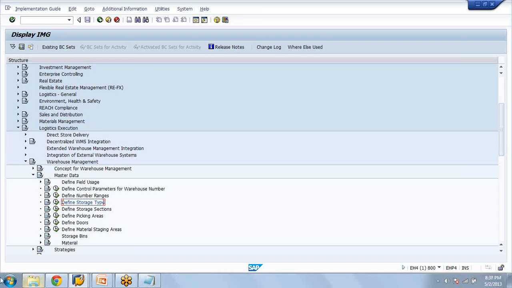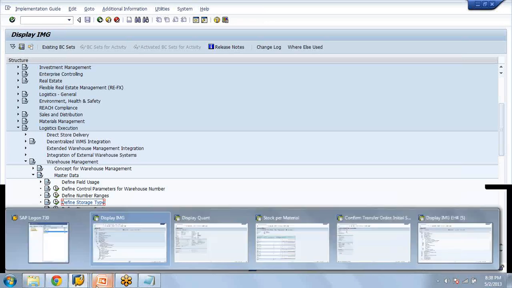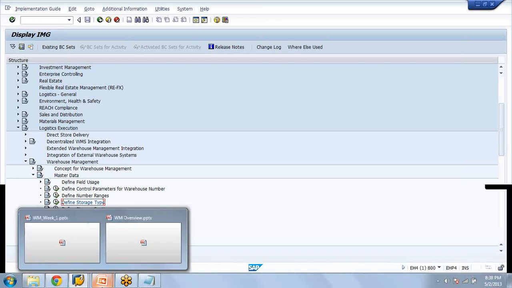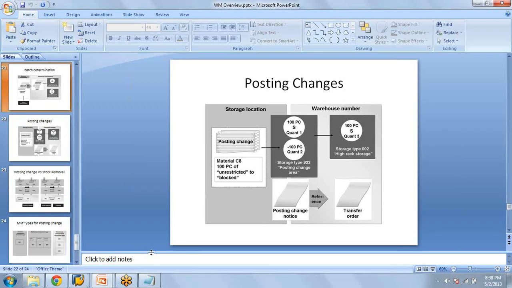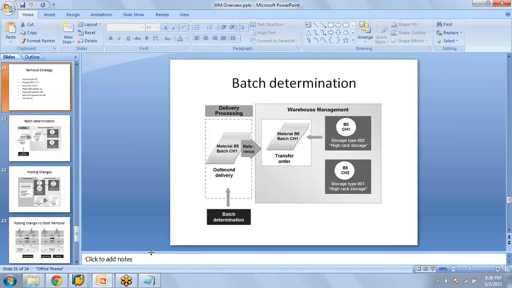For example, you first do the transfer posting change from here to here. Then what happens? A negative quant is created, which means the system is expecting the transfer posting in inventory management. That was the first slide, what I told in the beginning.